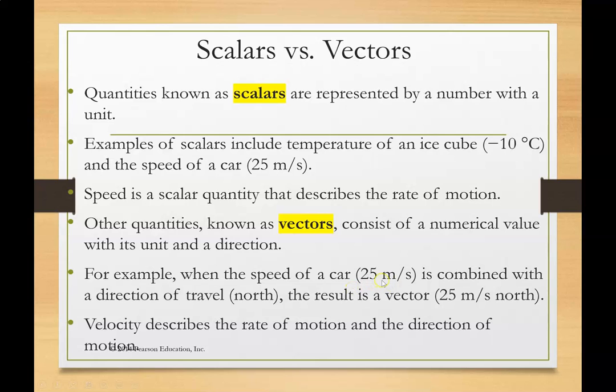So if it has no direction, then it's just a scalar quantity, and again, that is a magnitude or a size. If you put it with a direction and you say 25 meters per second north, now we call that a vector. It's a vector quantity because vectors describe both a size and a direction.